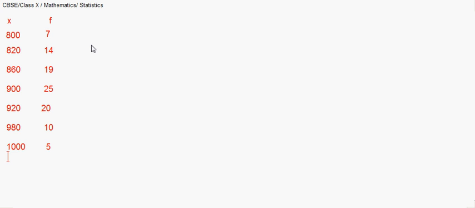Okay. Here the method remains the same for the first step. I will add a d here, which is again x minus a. I take a again to be the assumed mean. D is the deviation, that is x minus a. Again the assumed mean will be 900. So we calculate d as 800 minus 900 to be minus 100. Then it is 820, so it is minus 80.